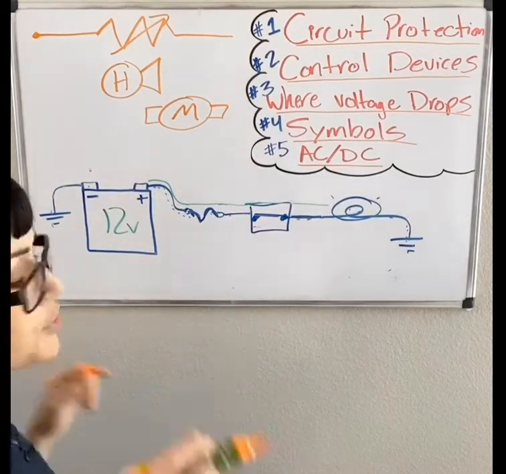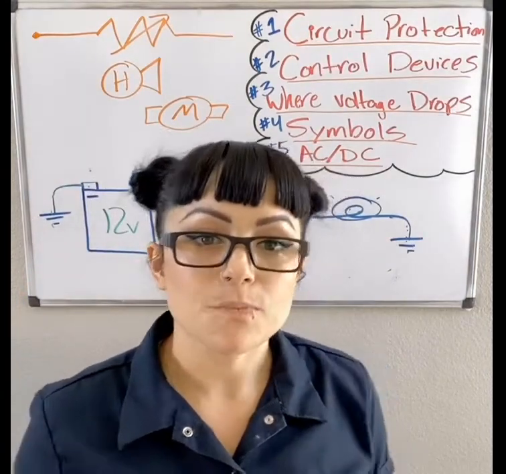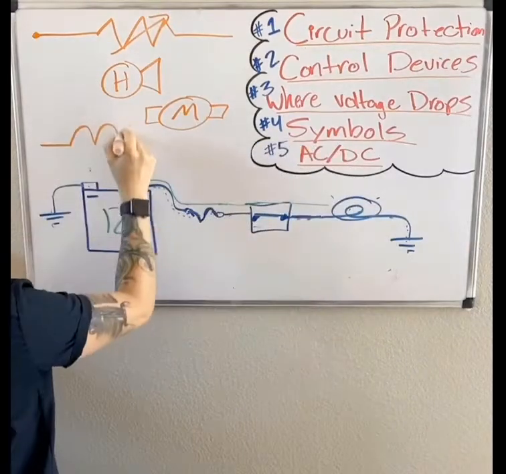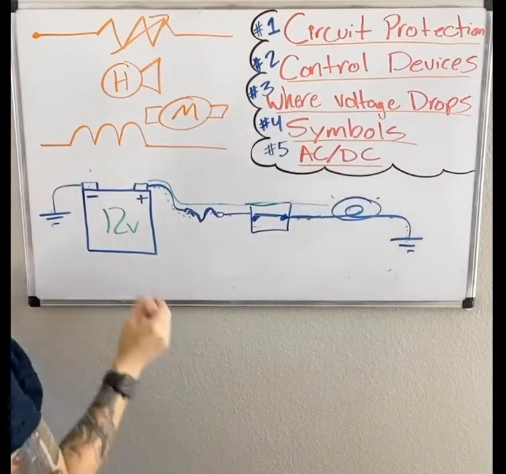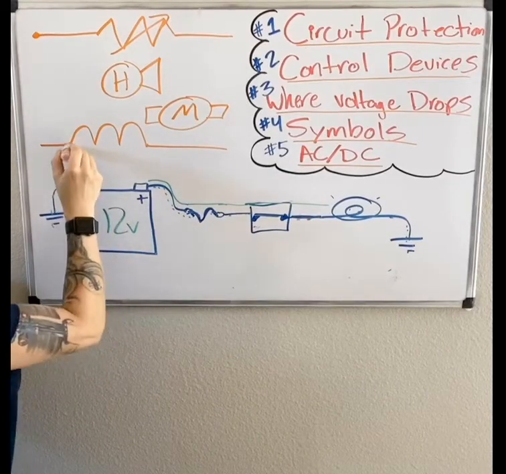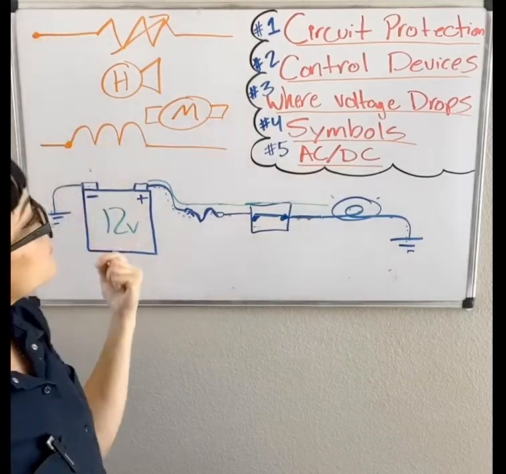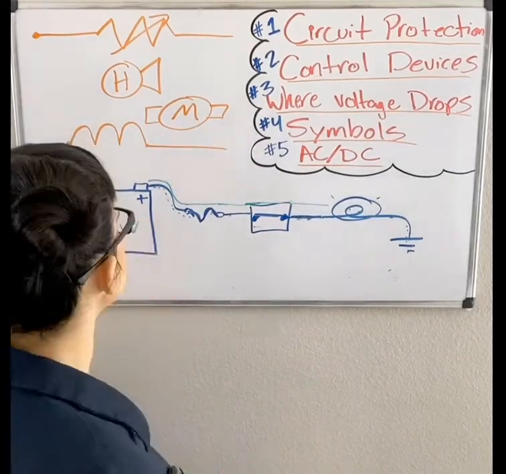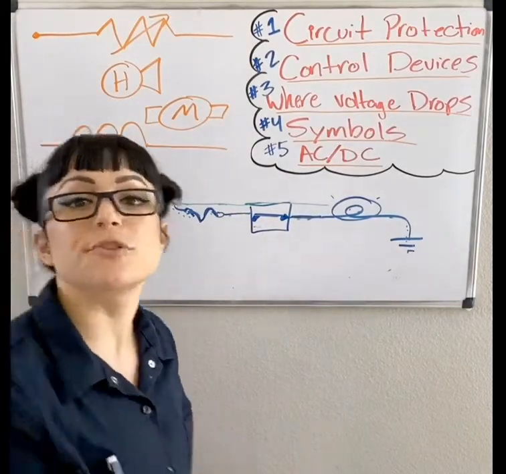Now, I just talked about relays a moment ago, and I said they have a coil of wire to create magnetism. It tends to look like this squiggly line here. This symbol is either going to receive a magnetism that is going to induce a current, or it is going to produce a current.